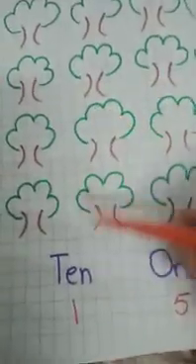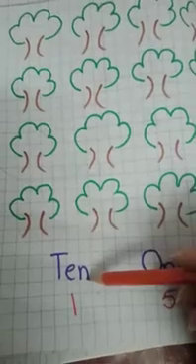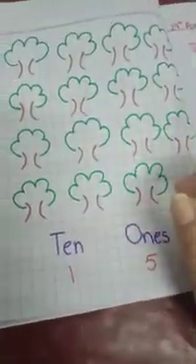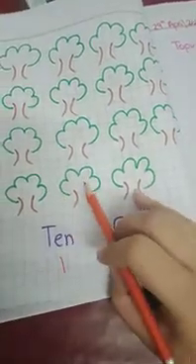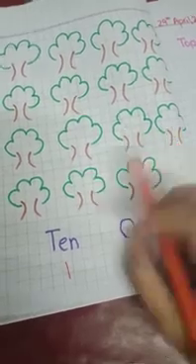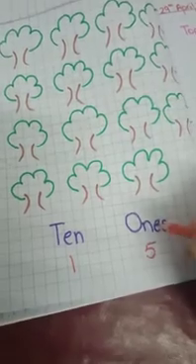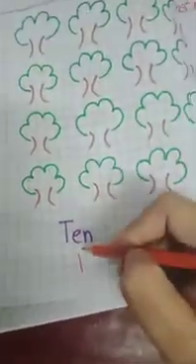Very good. This is 1 ten. And the remaining trees are 1, 2, 3, 4, 5. 5 ones.